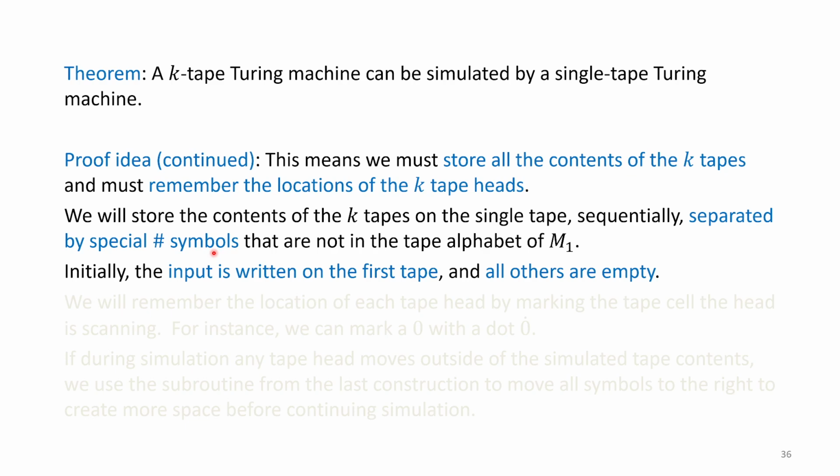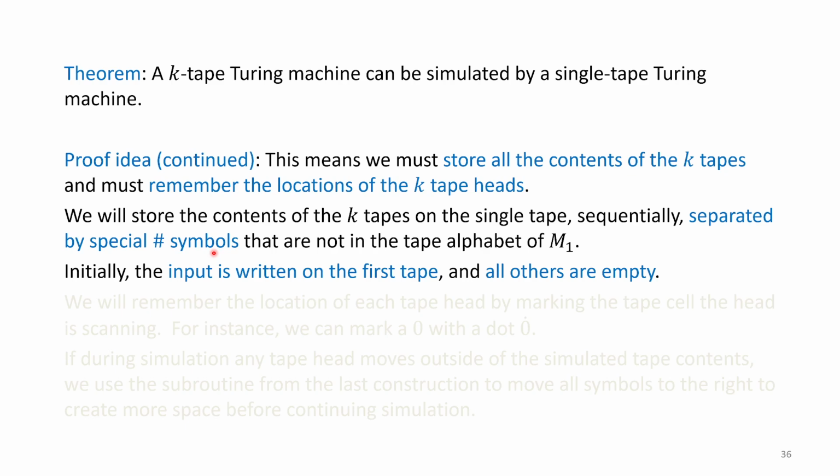But at the minimum, maybe we'll put one blank in there, and I'll come back to that in a second. And then we'll put another hash, and then another blank, and another hash, and another blank, until we've got all K tapes set up. The last tape can be infinite in the right direction, right?